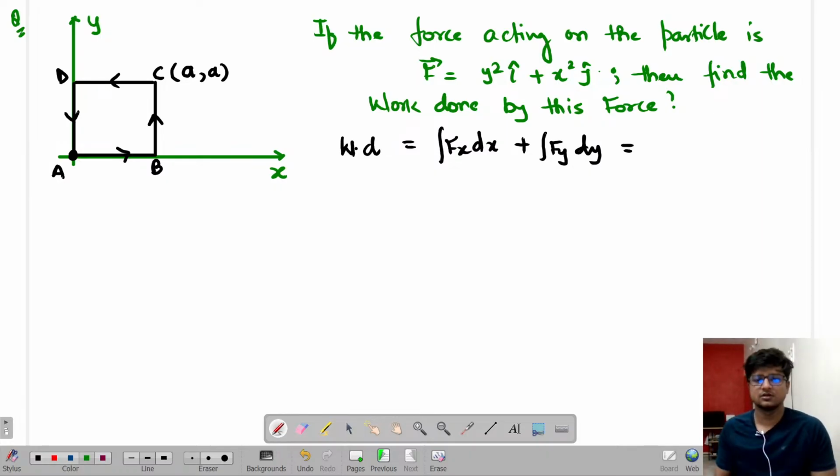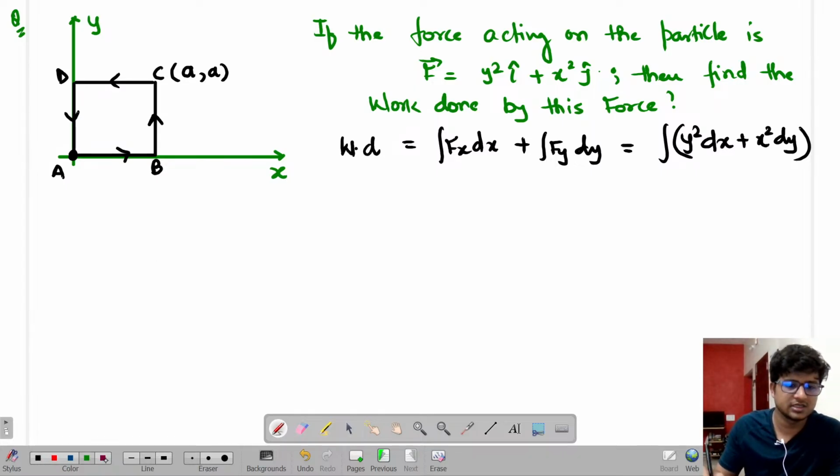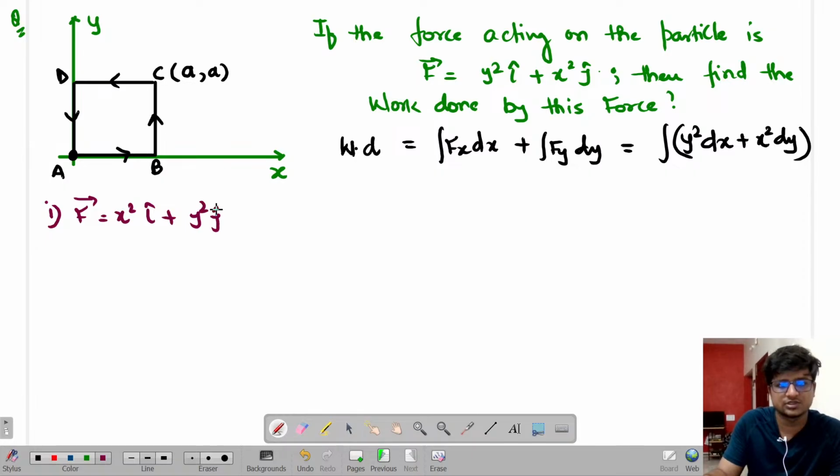Be fast. When I write this equation, what I get is y square dx plus x square dy. Correct? If you want, we will also come to F equal to x square i cap plus y square j cap and I'll tell about that too.